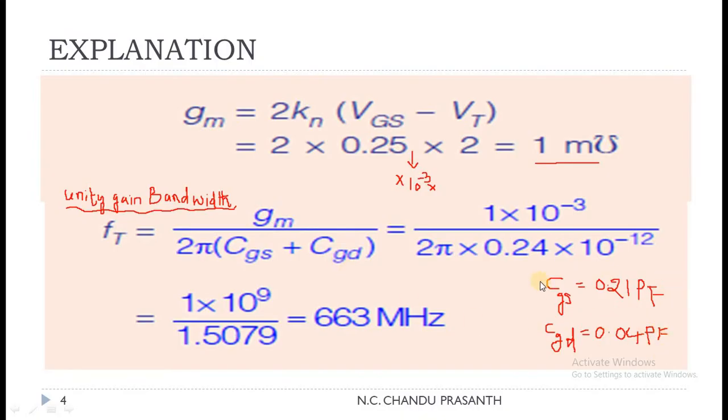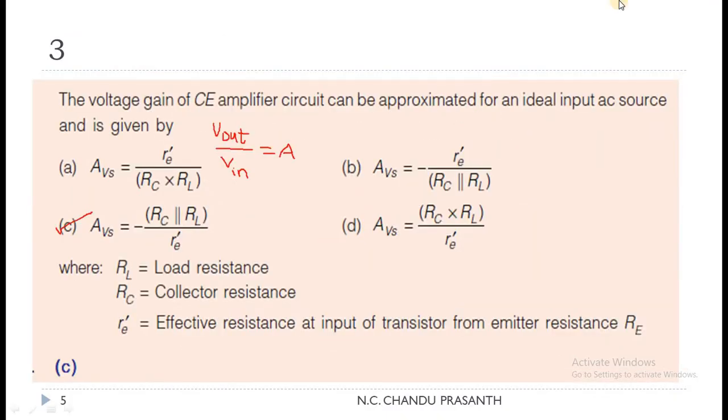If you add both these, you get 0.24 into 10 power minus 12, because of picofarads. By substituting all the values, you get 663 MHz as the unity gain bandwidth of an FET. Okay, next we are going with the third bit.